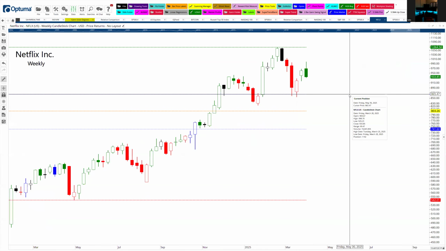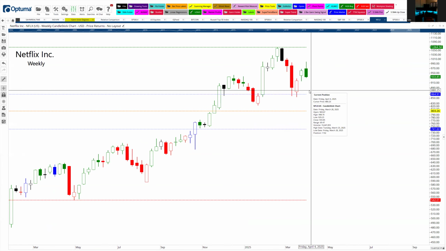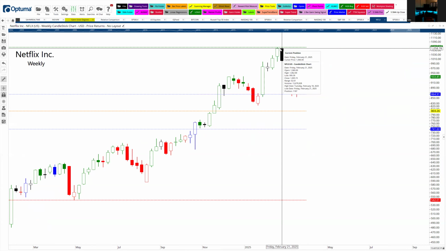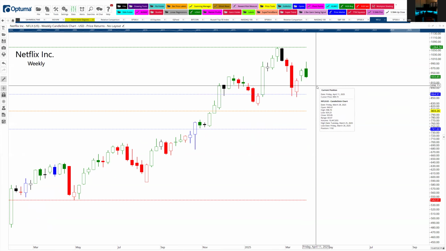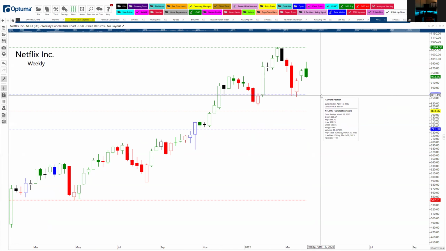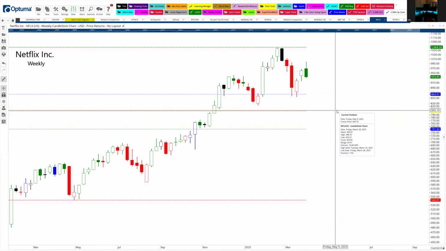Some of these bounces are really, really good. The point is that nobody knows where the high is. The point is that the price eventually makes a mean reversion toward the midpoint at some point. That's how I see it.